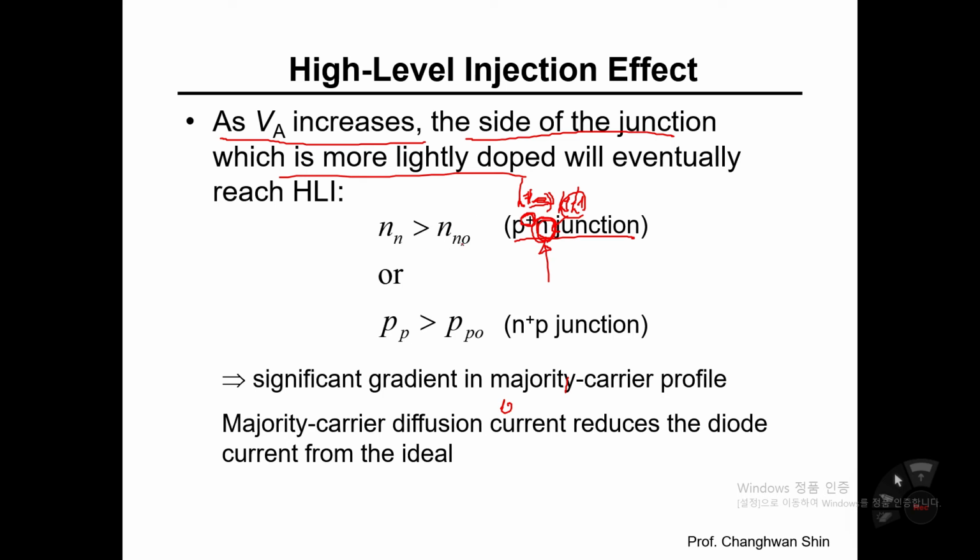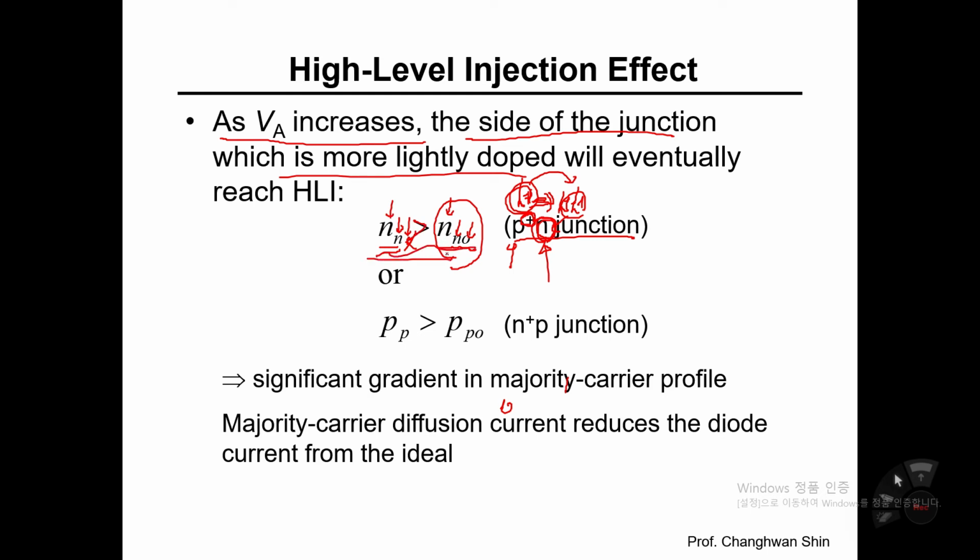So in the N side at thermal equilibrium, the electron concentration, which is the majority carrier concentration, should be affected significantly because of the injected holes coming from the P side, which is now heavily doped. So at non-thermal equilibrium, in N side, electron concentration is higher than n sub n naught.